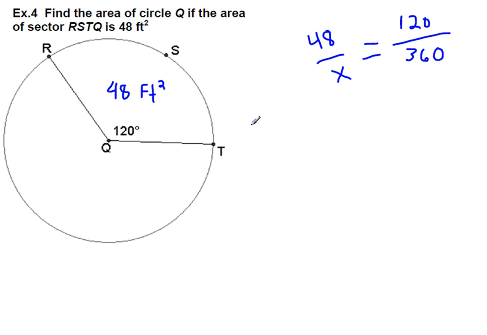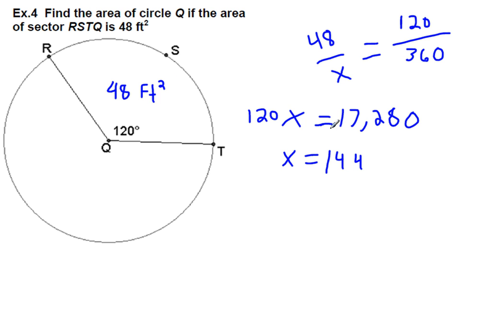So we'll go ahead and cross multiply 120x equals 48 times 360. I'll go ahead and just type that in. That's 17,280. And then divide by 120. And you should get 144.